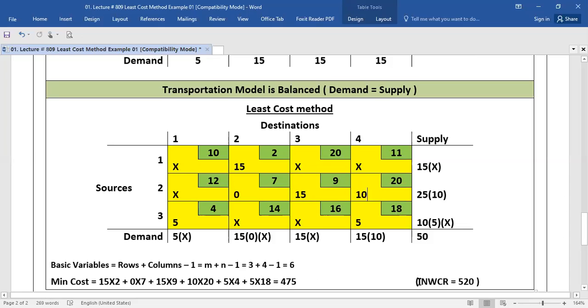For this table the cost was 520, but for the same table with the help of the least cost method, we have a cost of 475. This is the difference between these two methods. It gives a smaller cost as compared to NWCR. So this is the least cost method I have told you about.